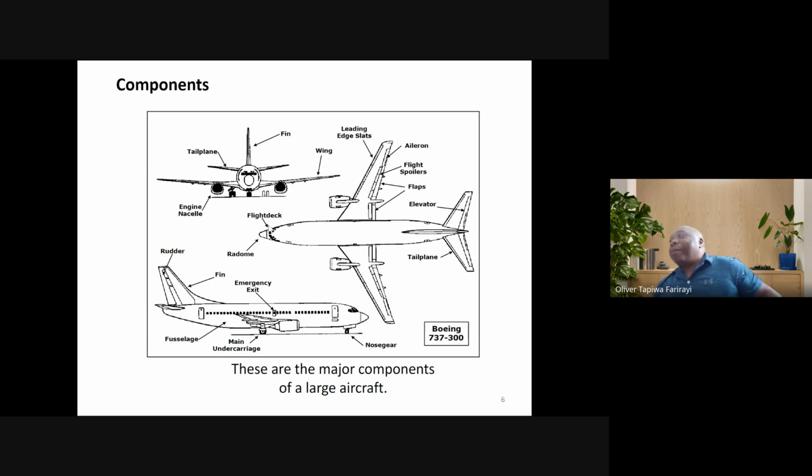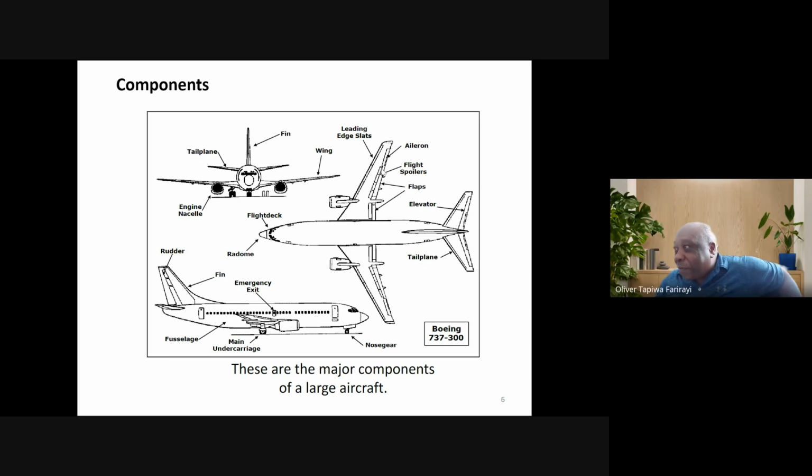Let's look at it from above. We see here these have what we call leading edge slats, with an A. Mariela, it's with an A, not a U. Okay, and then at the back here, you've got the aileron.